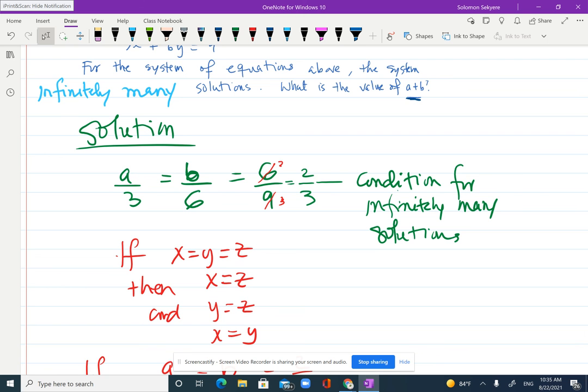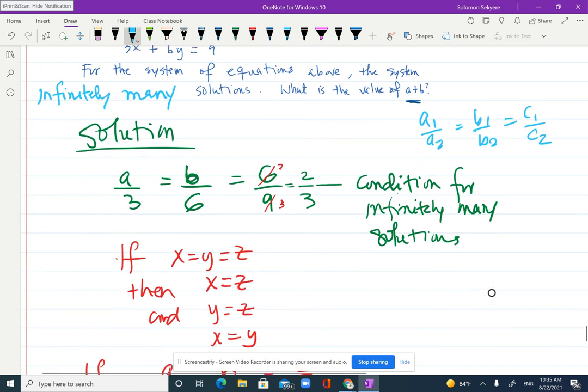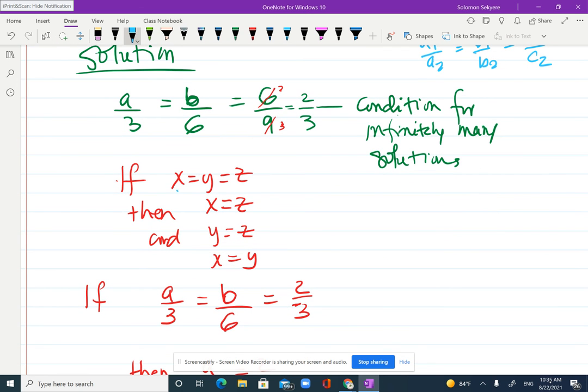Then quickly you say a over 3 is equal to b over 6, which is equal to 6 over 9. Remember I said a1 over a2 equals b1 over b2 equals c1 over c2 for infinitely many solutions. So you write this equation down. And notice if x equals y equals z, that means x equals z, y equals z, and x equals y.